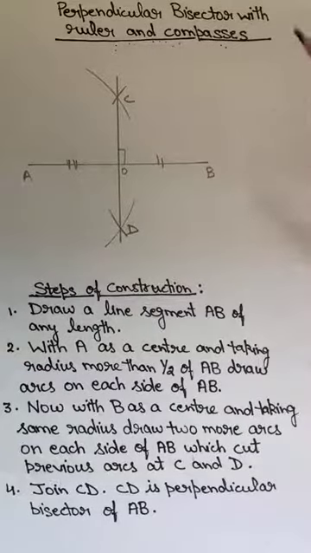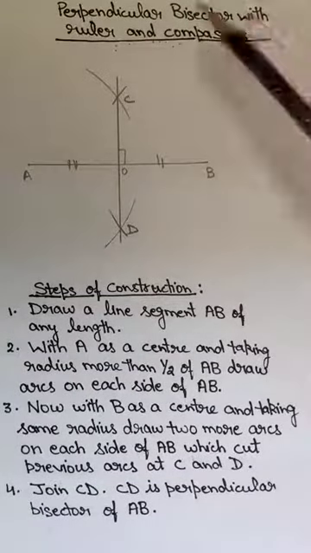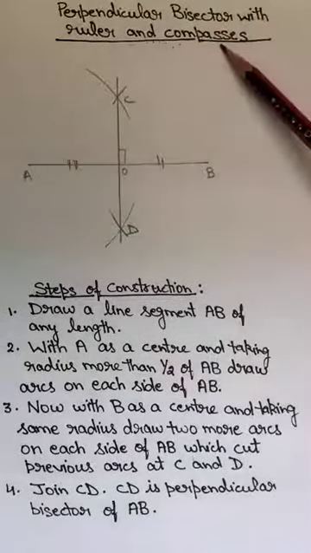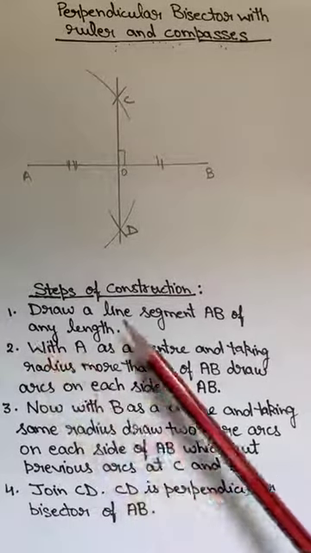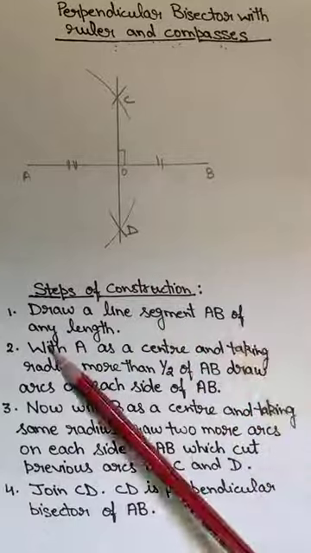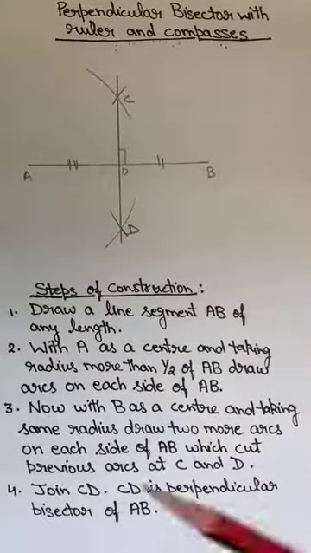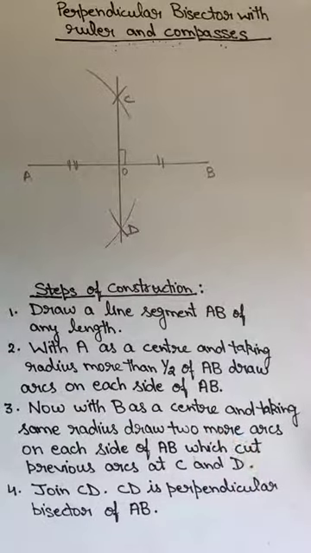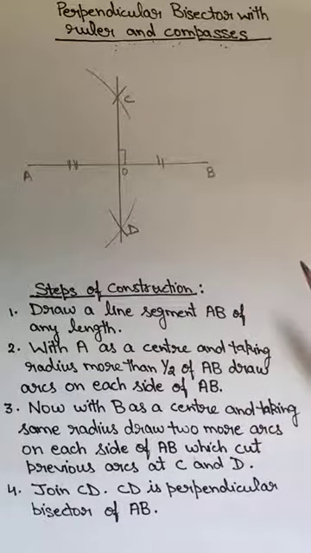Next topic that we have done is to construct a perpendicular bisector with ruler and compass. Draw a line segment AB of any length, or of that length whose perpendicular bisector you have to draw. Sometimes it is given in the question that draw a line segment of 10 centimeter and construct its perpendicular bisector.